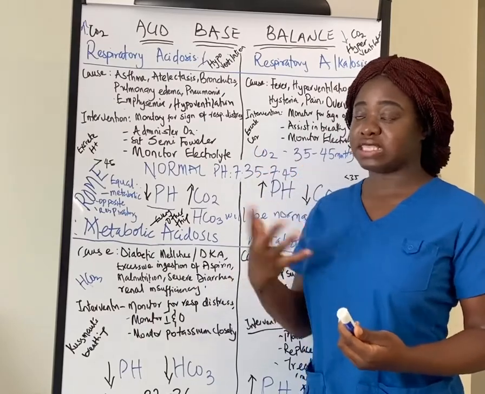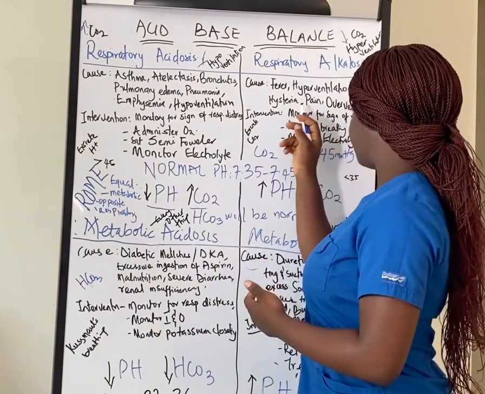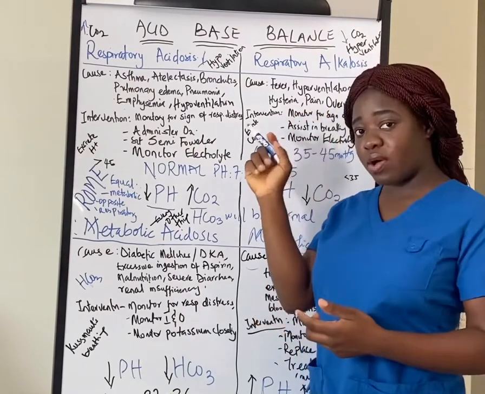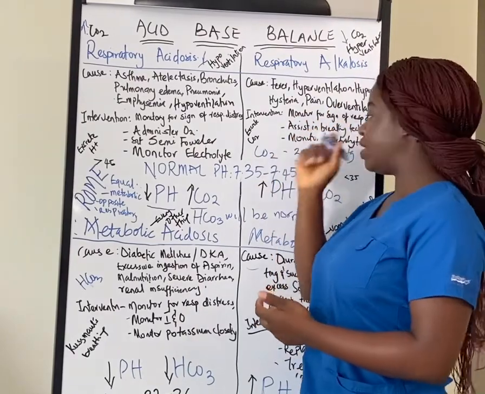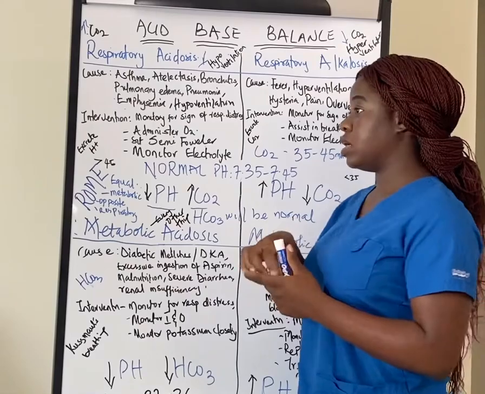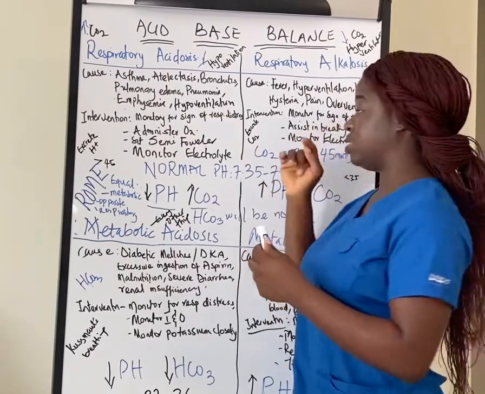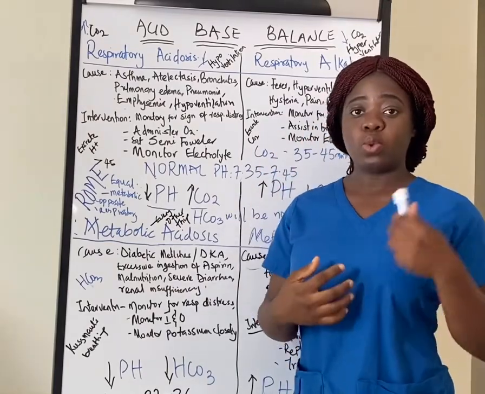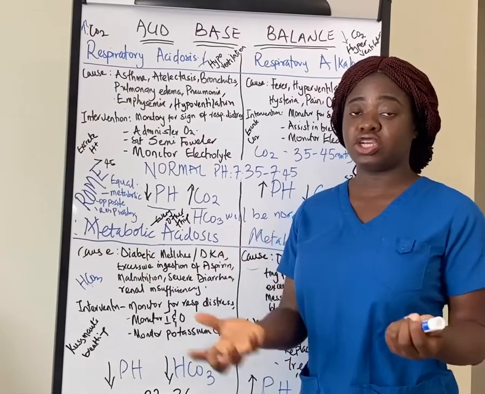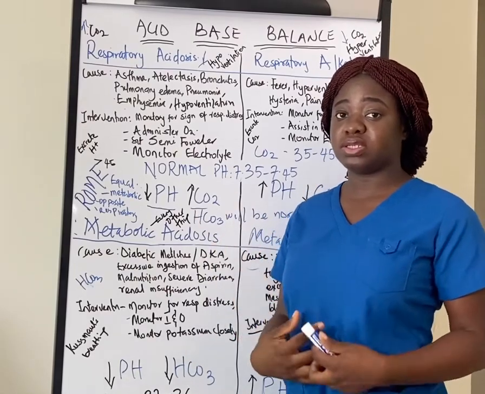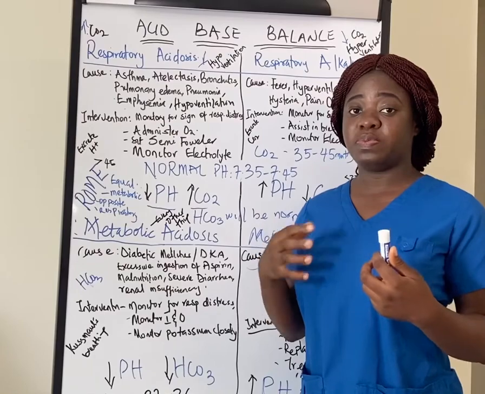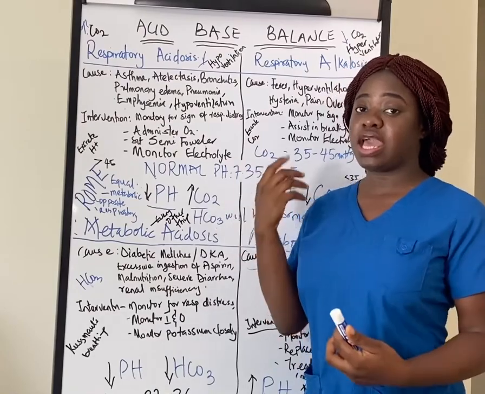And we have hypoxia, hysteria, pain, and overventilation. Overventilation in this case is for patients on mechanical ventilation who are taking too much oxygen into the body. The patient can have respiratory alkalosis.